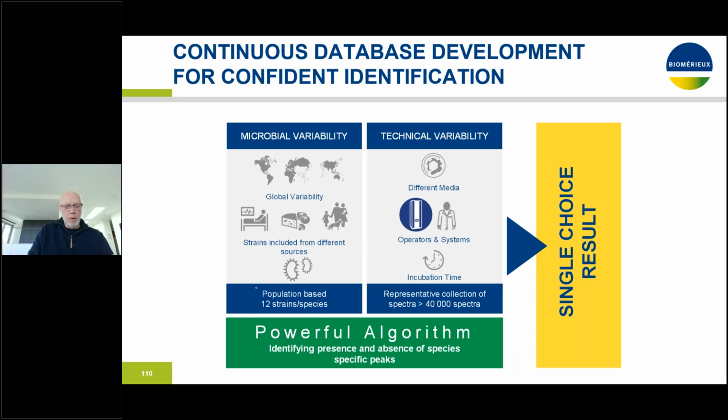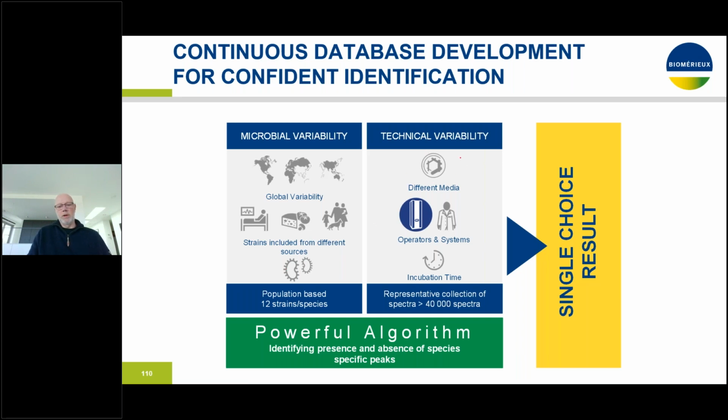So doing a population-based development of your database, where you have at least a decent number of strains per species, is very important. And you'll appreciate that in our mass spec database, there are hundreds of strains of E. coli and hundreds of strains of Staph aureus and hundreds of strains of all of the, let's say, better known pathogens. The other thing is technical variability.